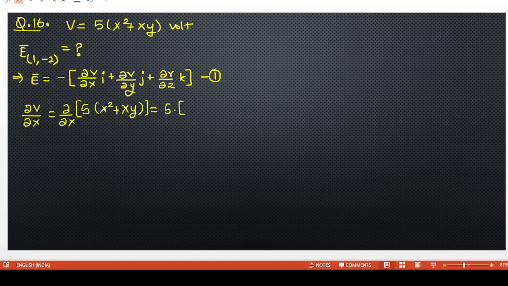Derivative of xy with respect to x: while calculating derivative of xy, x will be variable, but y is taken out of derivative as constant, and x derivative with respect to x is 1.